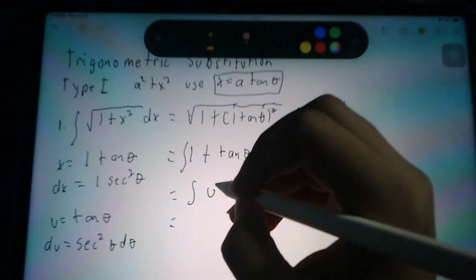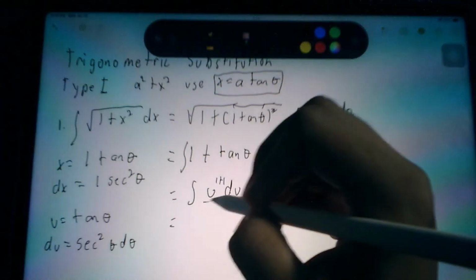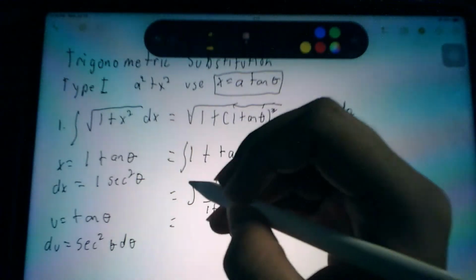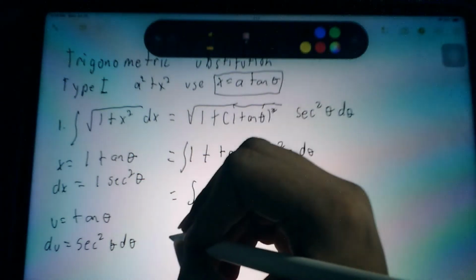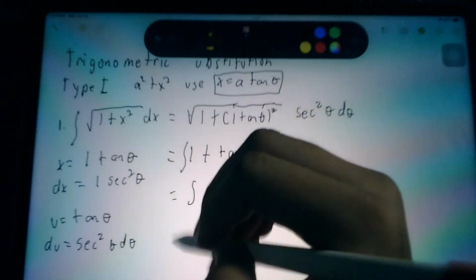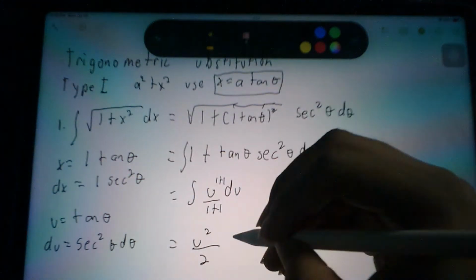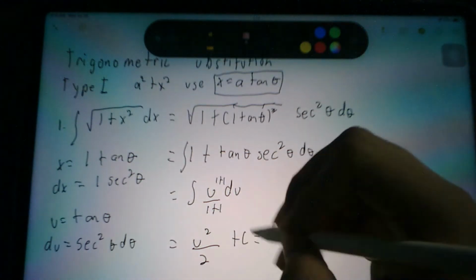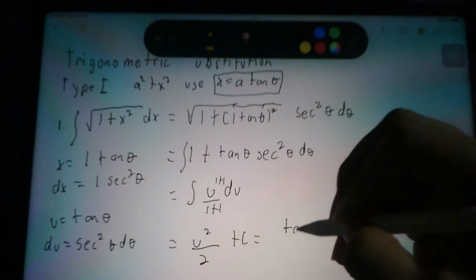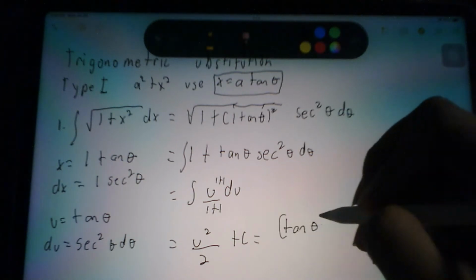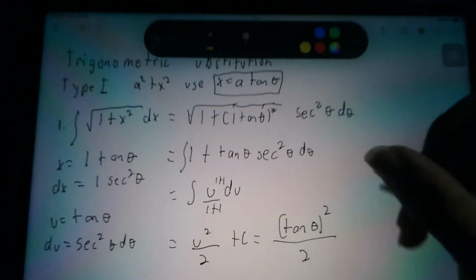By using the general power formula, u to the 1 plus 1 over 1 plus 1, this is just equal to u squared over 2 plus c. So we substitute back our u, which is tangent theta squared over 2 plus c.